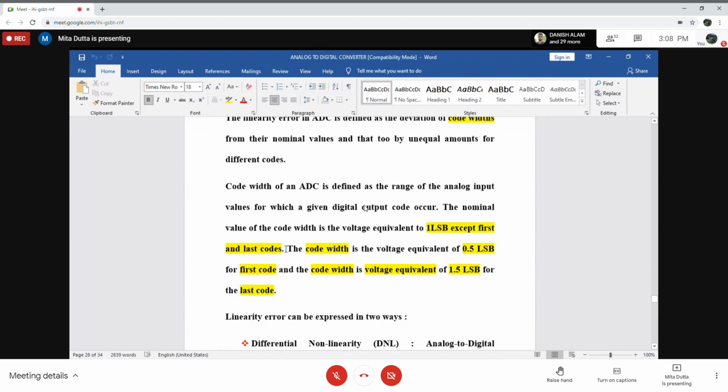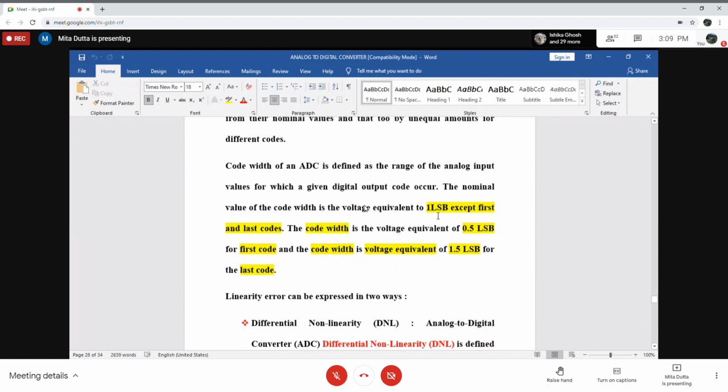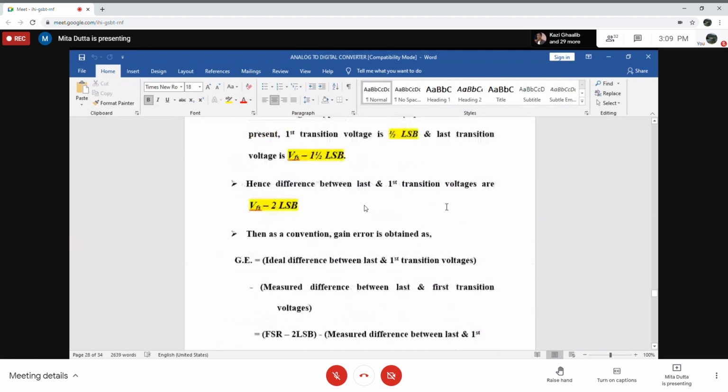except first and last code, because the first code width, or quantization step, is 0.5 LSB, and the last quantization step is 1.5 LSB. Except these two, the quantization step is 1 LSB, just like here.